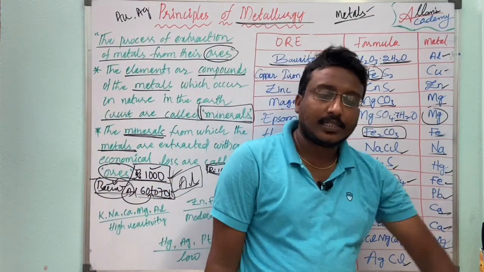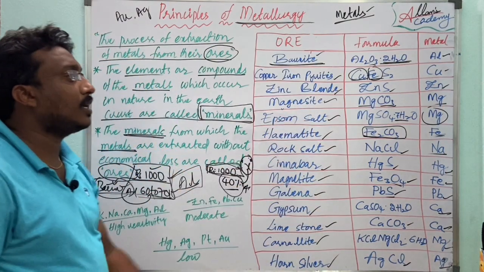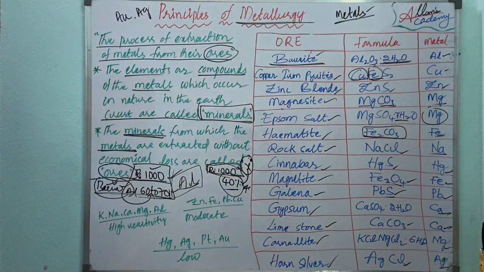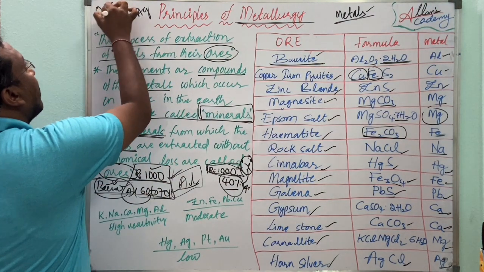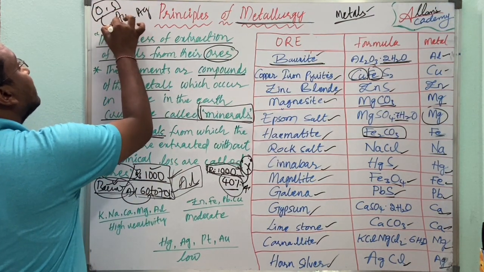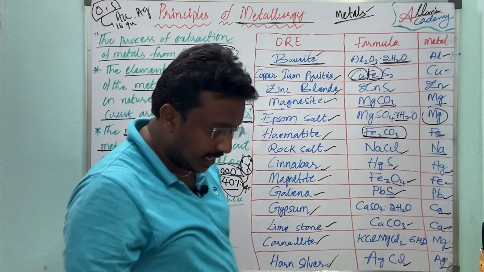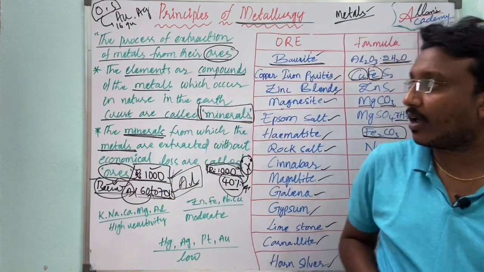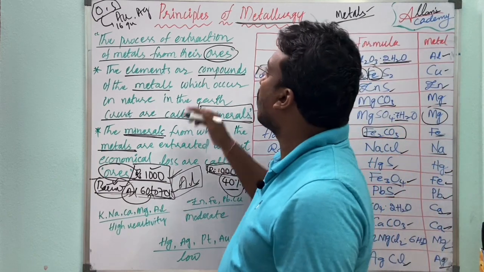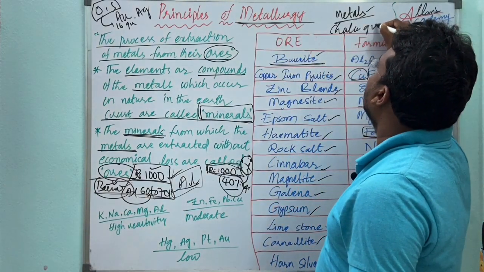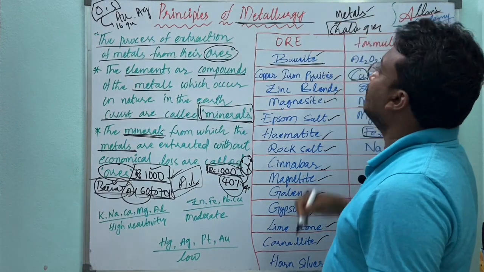That means mostly the ores present are sulfides and oxides, right? Oxygen and sulfur, these two are in the 16th group in the periodic table. We have already learned the 16th group of the periodic table is called chalcogens.